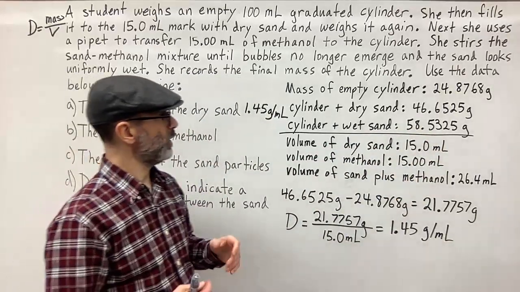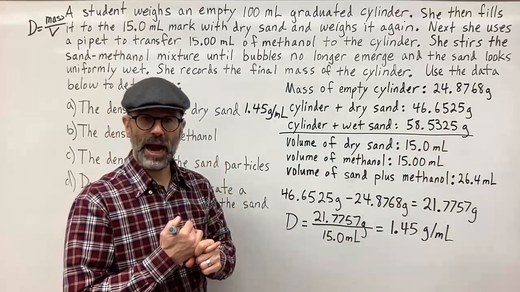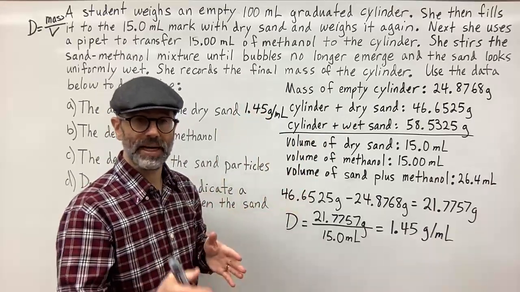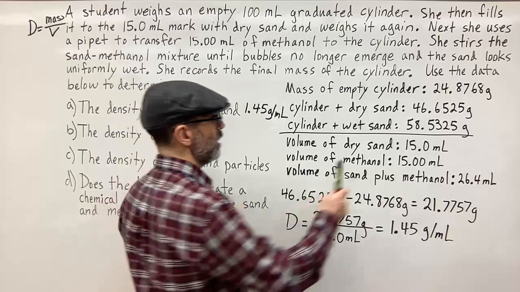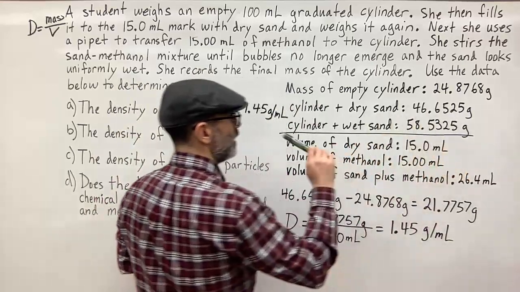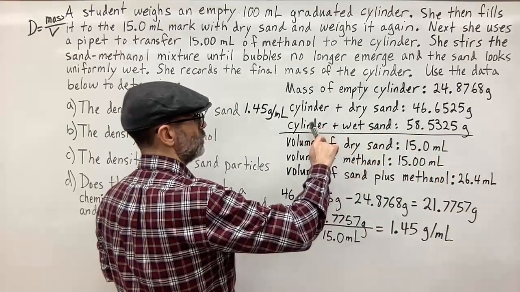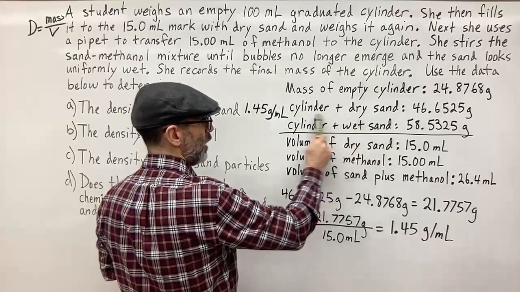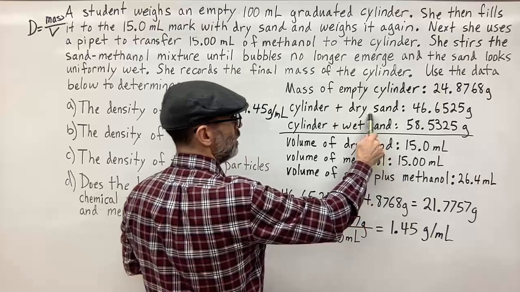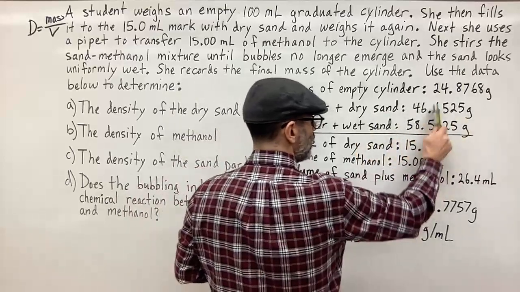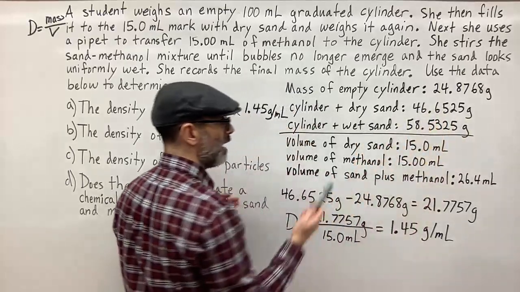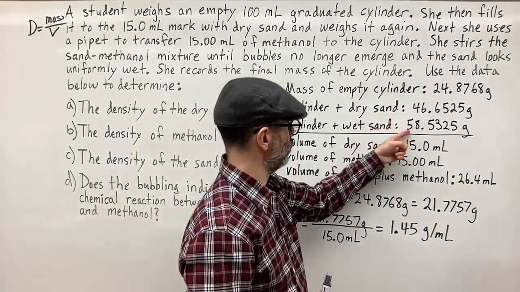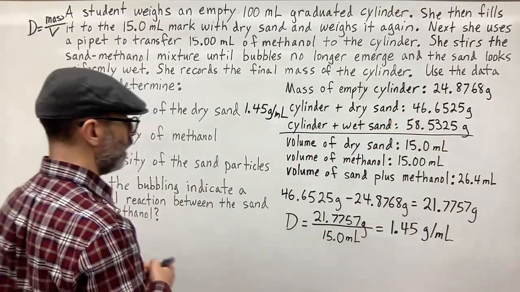Now wet sand means the methanol plus the sand. So if we subtract out the cylinder plus the dry sand, we got that together in this amount, we could subtract this from this, and what we'll have left is the methanol. So just subtract these two, and you've got the mass of your methanol.